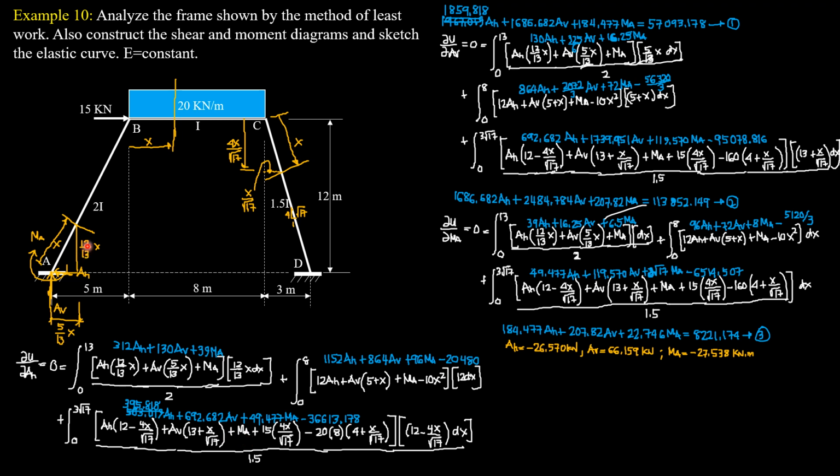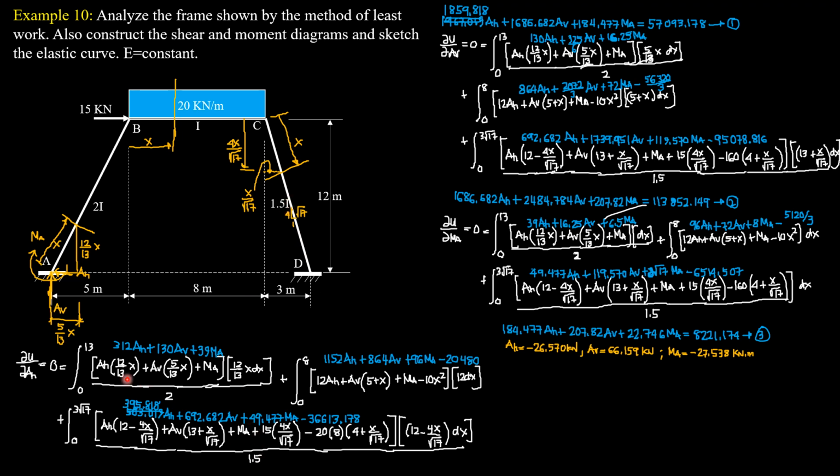Then plus the moment of the 15 kilonewton load, 15 times 4x over square root of 17, and minus the moment of this loading, 20 times 8 times moment arm 4 plus x over square root of 17. Then the derivative of this moment equation with respect to AH is 12 minus 4x over square root of 17 dx, and the entire integral is divided by 1.5 because the moment of inertia of CD is 1.5.